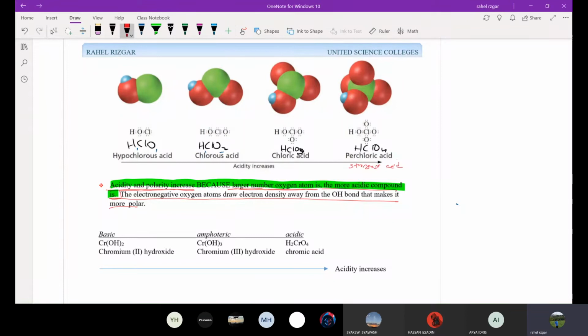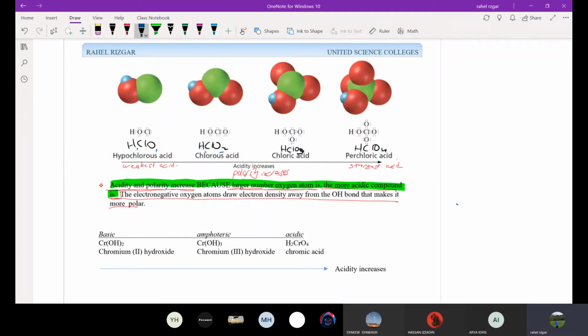This is the strongest acid. So this one is the weakest acid. When acidity increases, what else increases? Polarity. Polarity also increases.